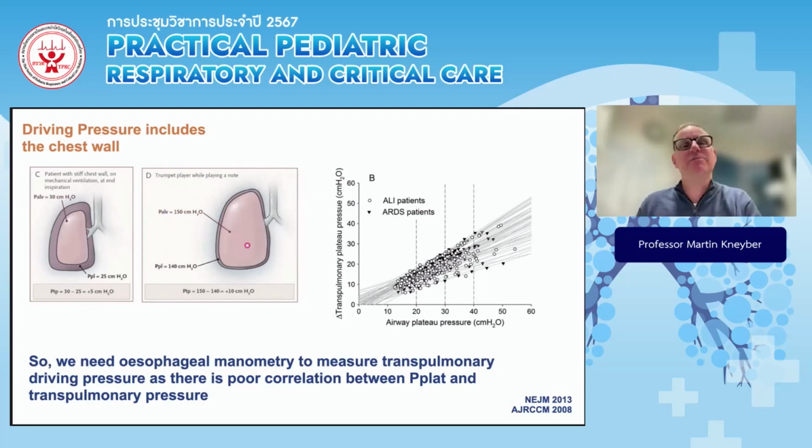A trumpet player generates an alveolar pressure of 150 centimeters of water, but this trumpet player doesn't get ARDS because the pleural pressure is very, very high, again leading to a modest transpulmonary pressure. And we know that there is a not so good correlation between the airway plateau pressure, so what we measure from the outside, and the actual transpulmonary pressure. So we need esophageal pressure manometry.